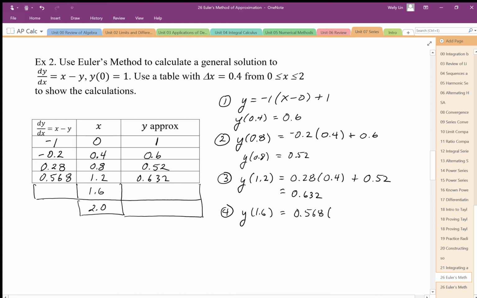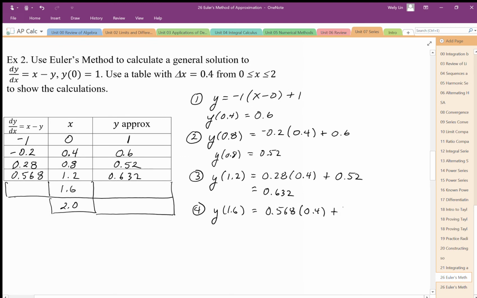You know which parts go with which. Okay, 0.4 is my difference between these two coordinates, plus the coordinate that I'm estimating from, 1.2, 0.632. So there's going to be my next estimation.